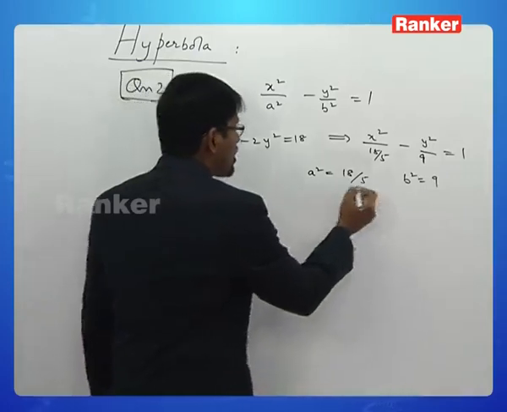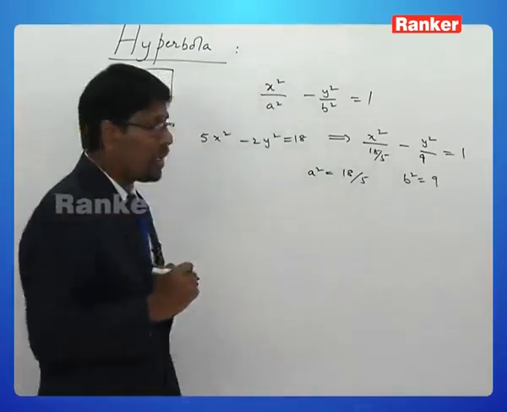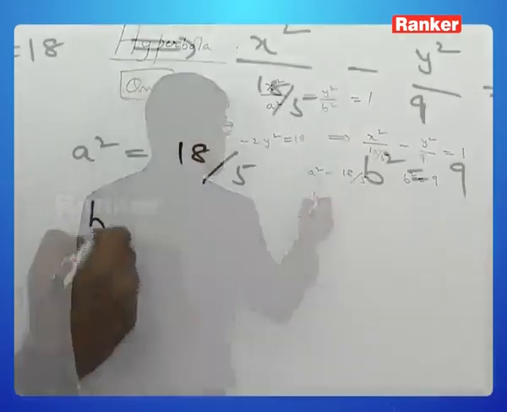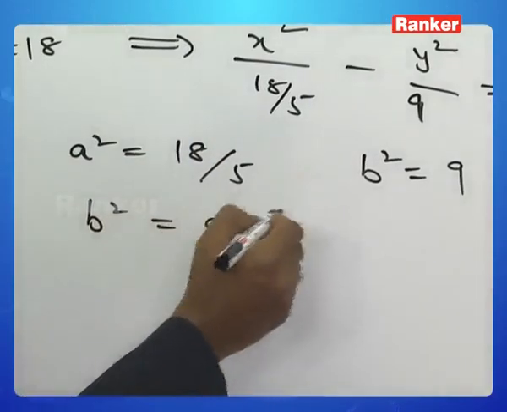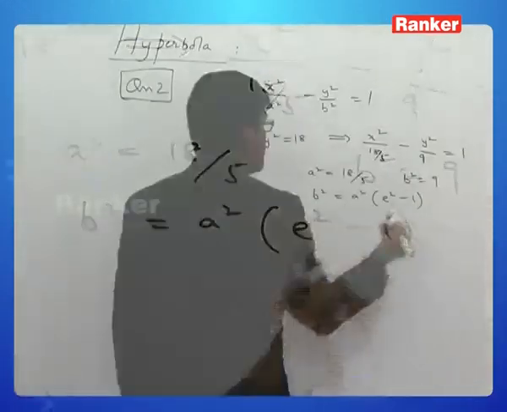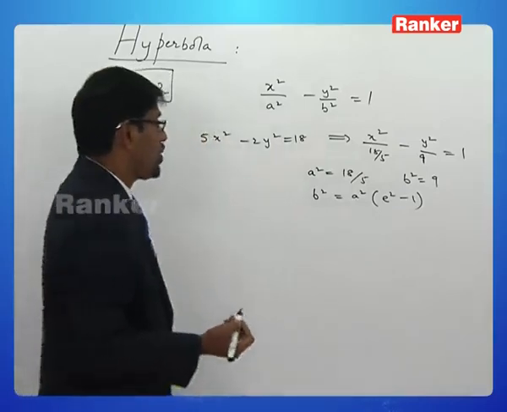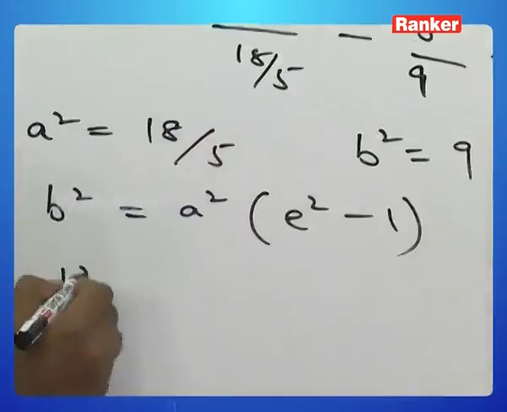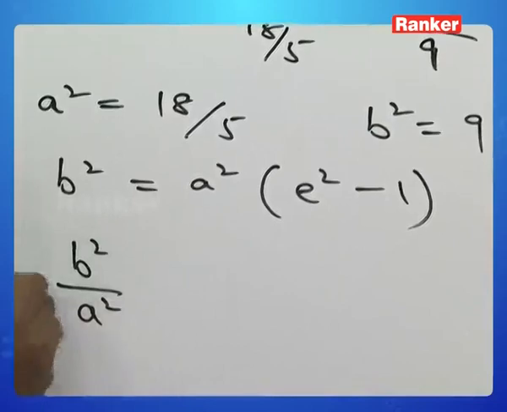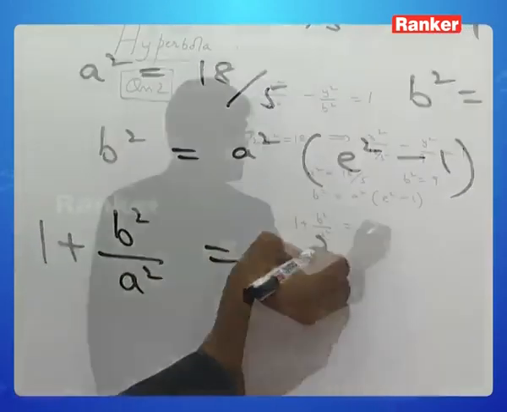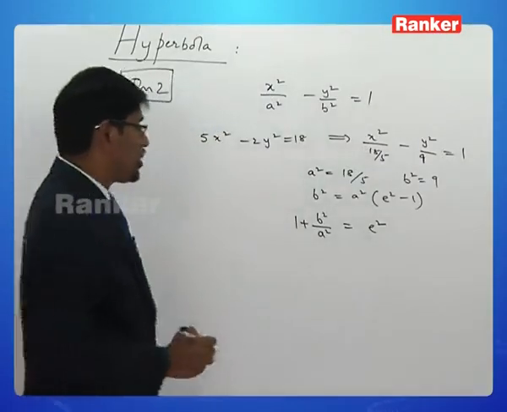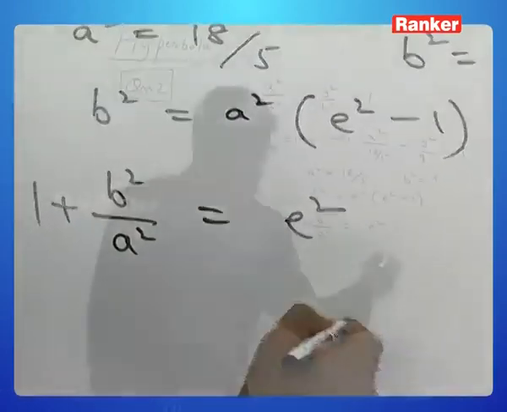Now what will be the eccentricity for this hyperbola? We know that b square has to be equated to a square into e square minus 1. So b square by a square plus 1 is equal to e square. So what is e square for this problem?